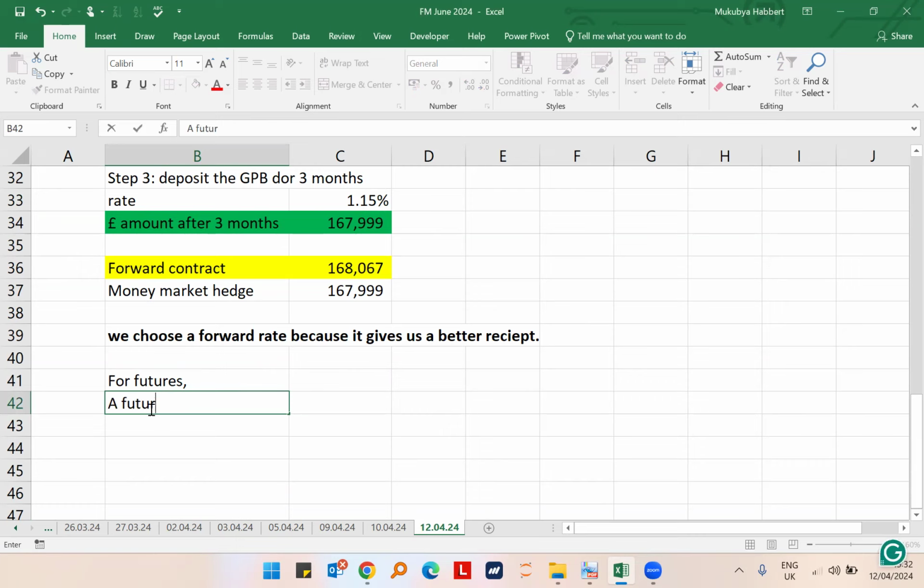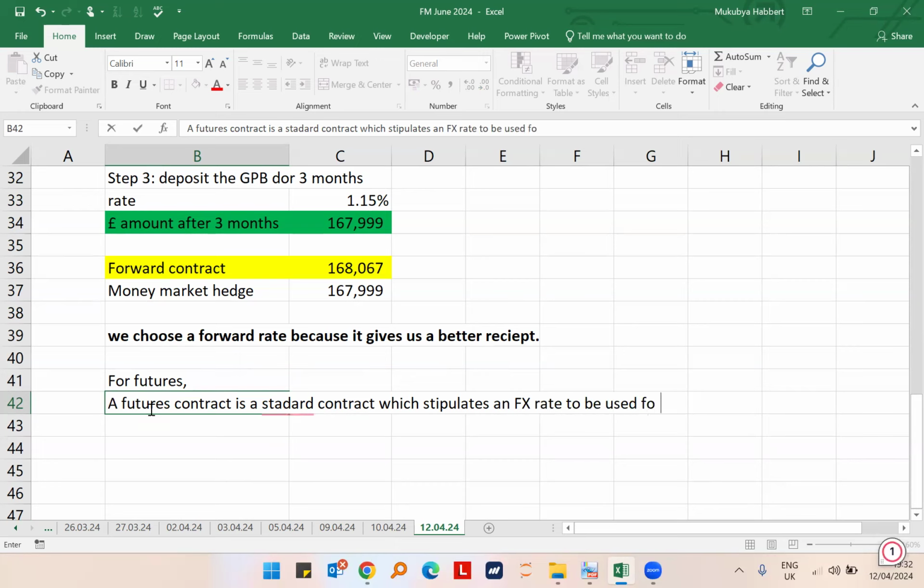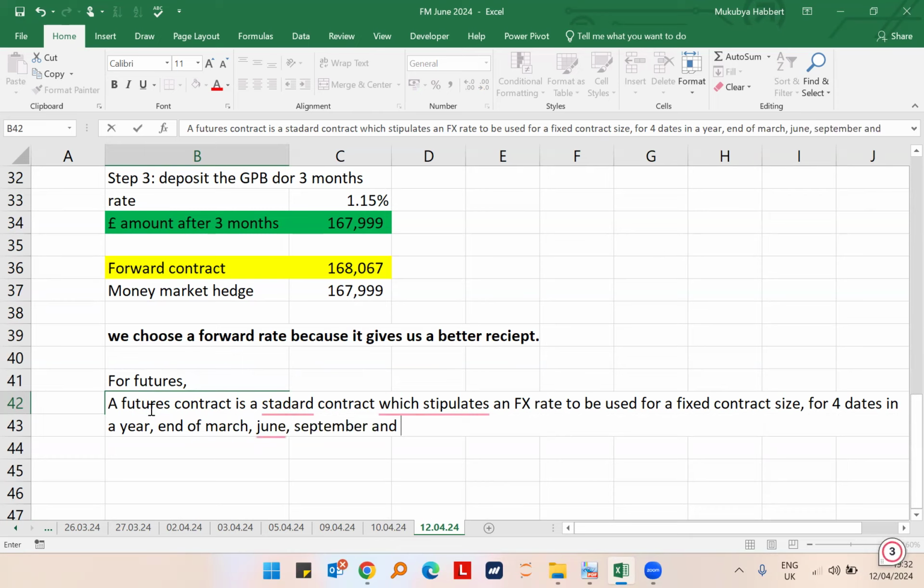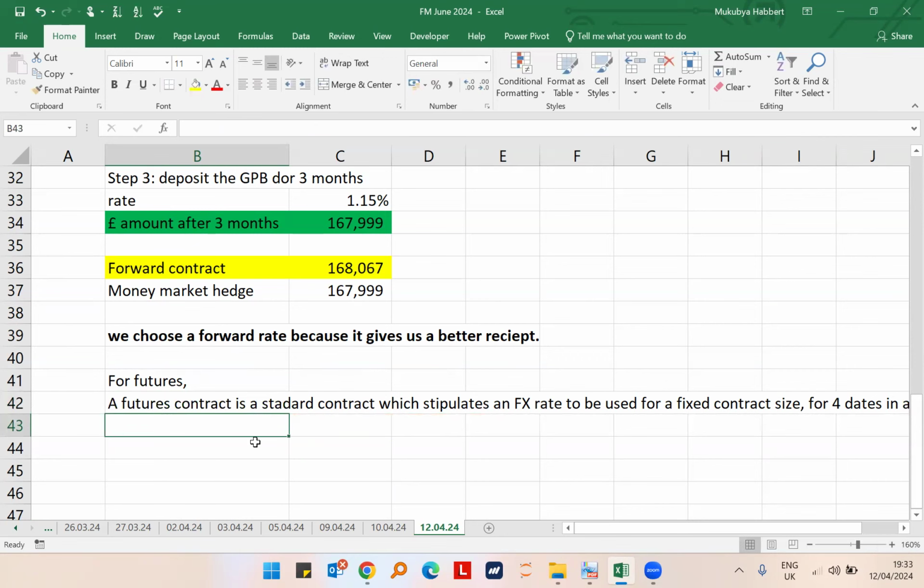A futures contract is a standard contract which stipulates a rate, an FX rate, to be used for a fixed contract size, and for basically four dates in a year, being end of March, June, September, and December. That is the first thing that you talk about for a futures contract.